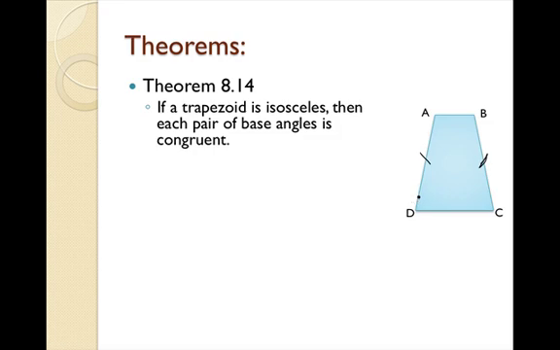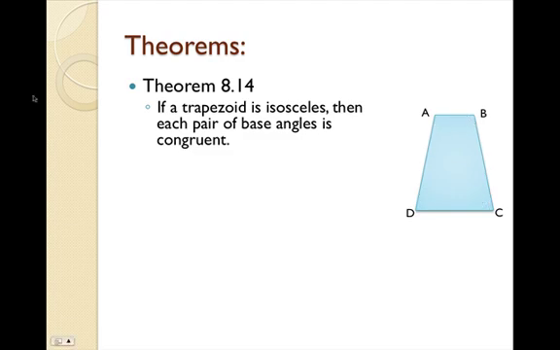So now we know that angle D and angle C are congruent to each other, and angle A and angle B are congruent to each other. That's what theorem 8.14 says.